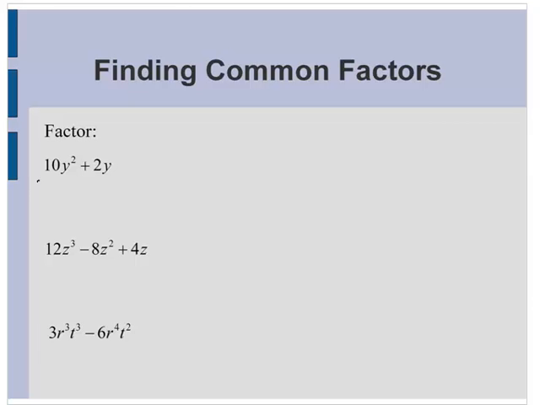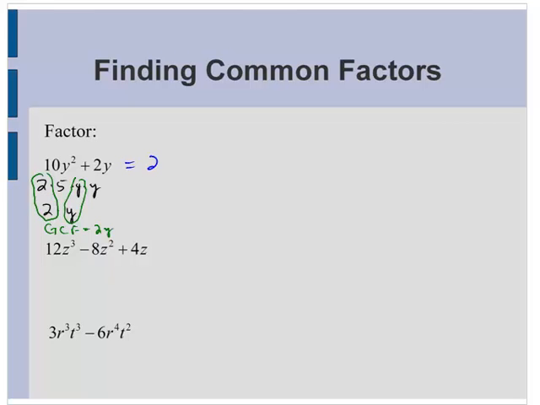10y squared would be 2 times 5 times y, and the second term would be 2 times y. So the GCF would have a 2 in it, and would have a y in it. So the GCF is 2y.